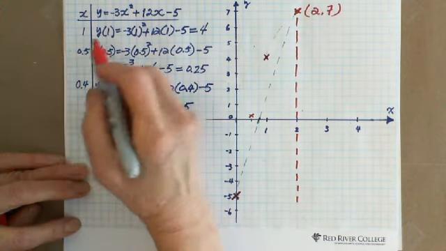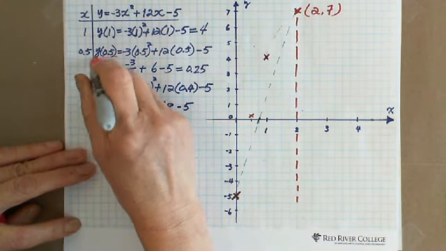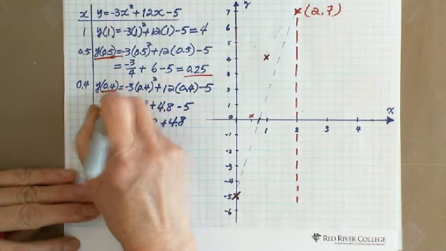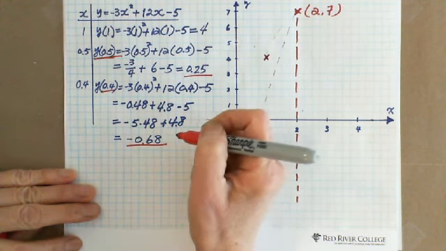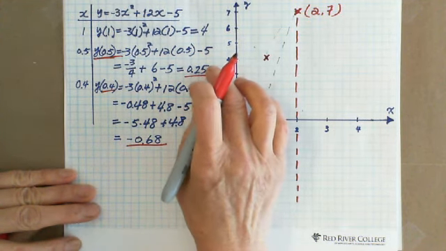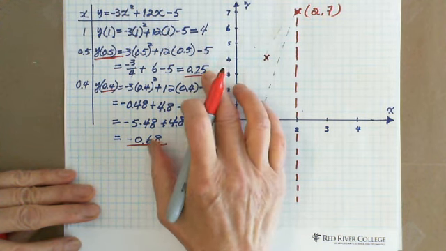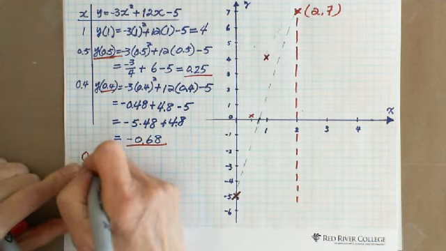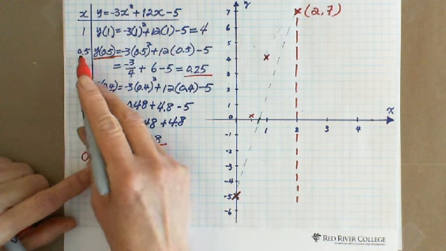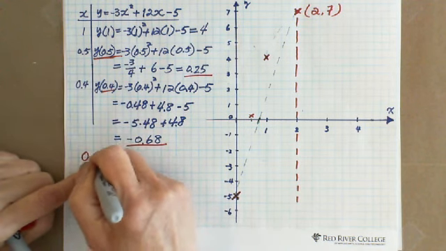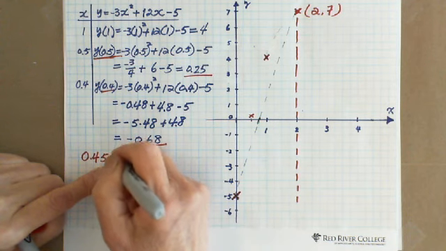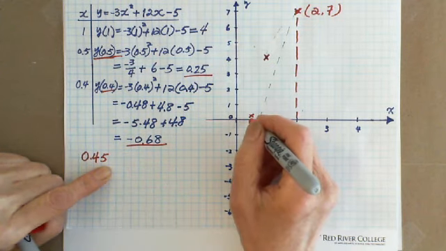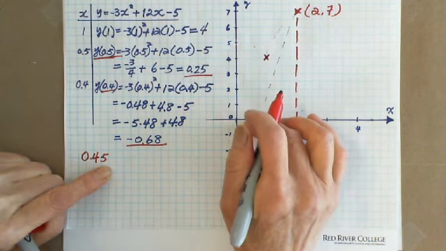So now, x equals 0.5, y equals positive 0.25. X equals 0.4, y equals negative 0.68. That means from positive 0.25 to negative 0.68, there must be an answer between 0.4 and 0.5, maybe 0.45 or so. And this makes 0, because from a positive value to a negative value, it must cross 0, right?